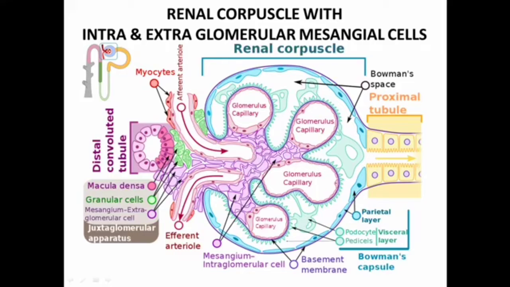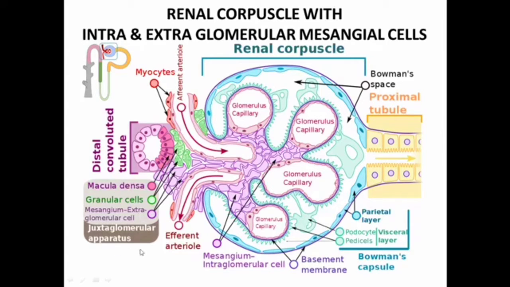Now, they are contiguous with these cells, and these are the extraglomerular mesangial cells. You can see histologically they are of same type, but these cells are called Lacis cells. Their function is not well understood up till now, but these are part of the juxtaglomerular apparatus.